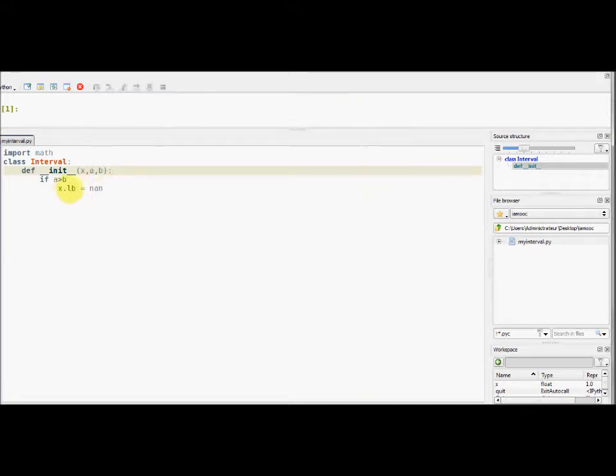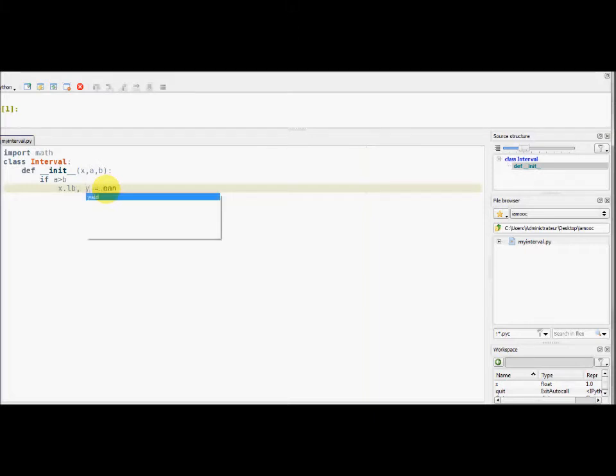So if a is greater than b, then both bounds will be initialized to not a number. So x dot upper bound will also be initialized to not a number.